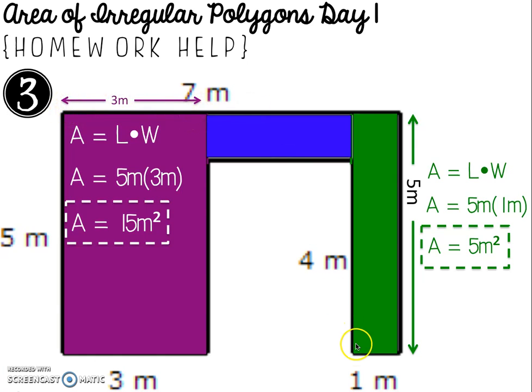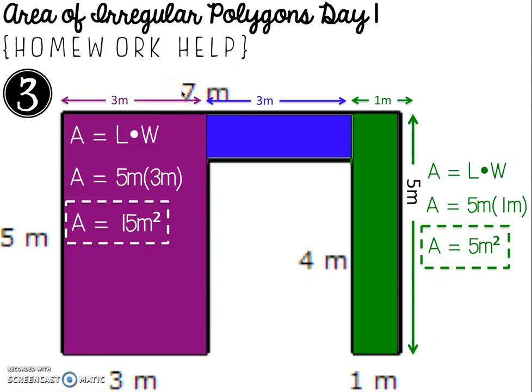We know that from here to here is 1, and since these are rectangles, this side is also going to be 1. So we know the whole thing is 7. This little section is 3, and this little section is 1, so we have 4 meters accounted for. So our blue section is 3. 3 plus 1 gives us an entire side length of 7.